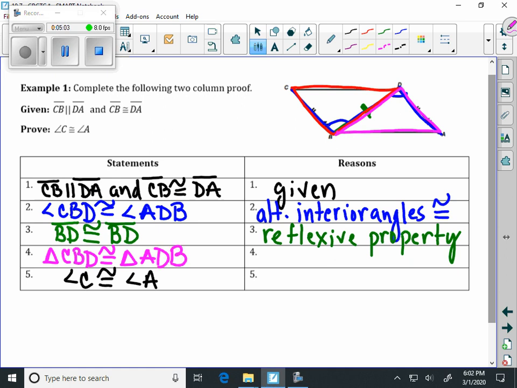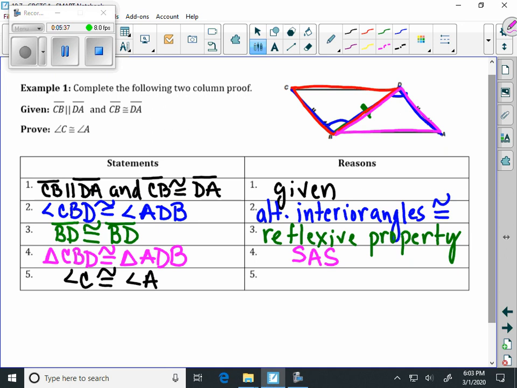And the reason is, if you look at that, we've got a side with 2 tick marks, then we've got an included angle, and then we've got the green 1 tick mark, and that's from the red triangle. But then in the pinkish purple, we've got a side with 2 tick marks, and then we've got the angle, and then we've got the green tick mark, the shared side. So what we can say is that the 2 triangles are congruent by side, angle, side.